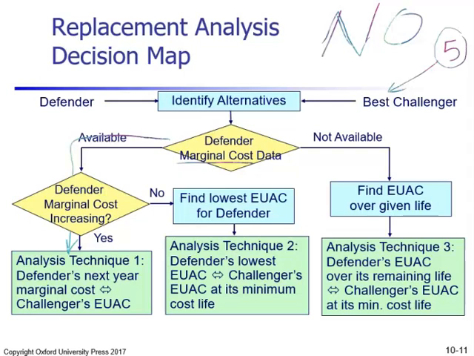You don't need to trouble yourself that much. Just go and see how much it costs you if you want to keep it for 1 more year, and compare it with the challenger EUAC. If the marginal cost of your defender for the next year, which is also annualized because it is just 1 year, is greater than the EUAC of the challenger, go and do the replacement.